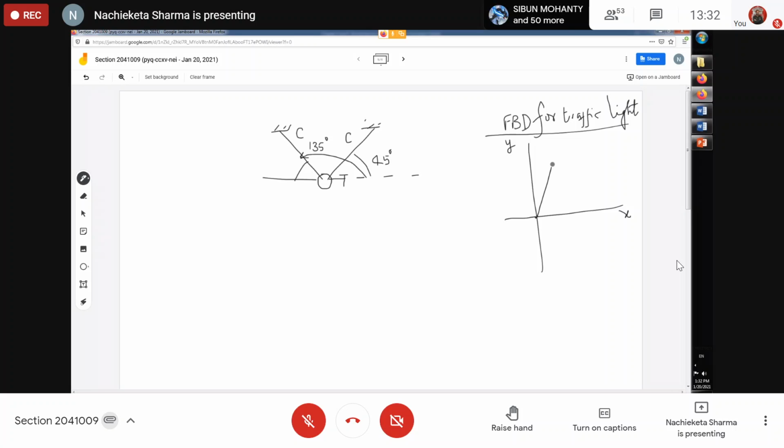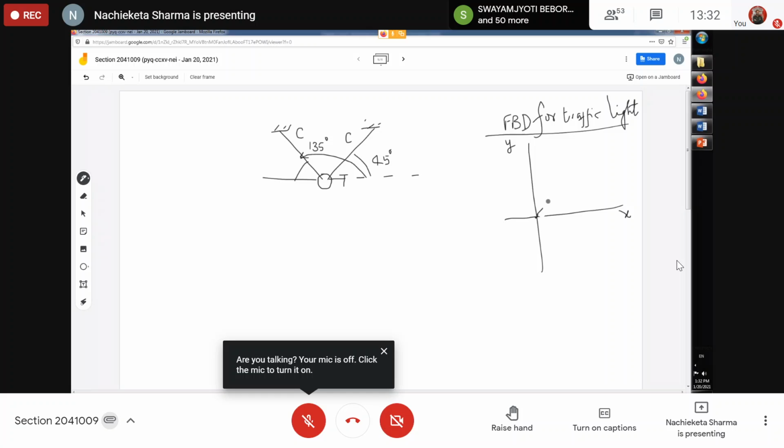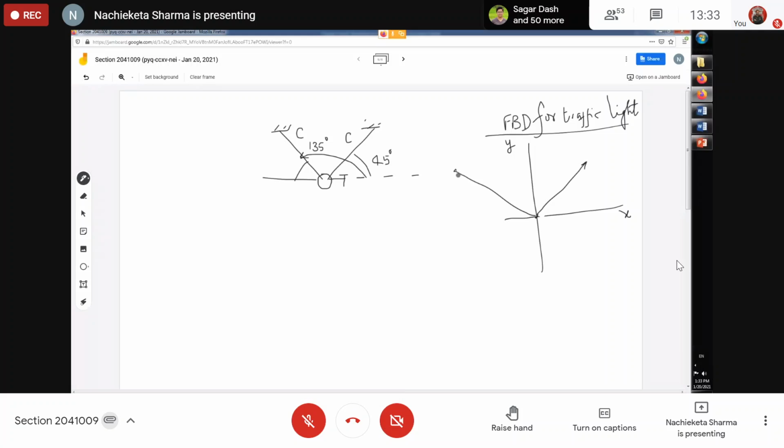One force is acting like this, sorry, this is not 45 degrees, so let us make it a bigger angle. So now this is 45 degrees. Similarly, this side also it is 45 degrees, equal magnitude. This angle is 45 degrees and this angle is 135 degrees.